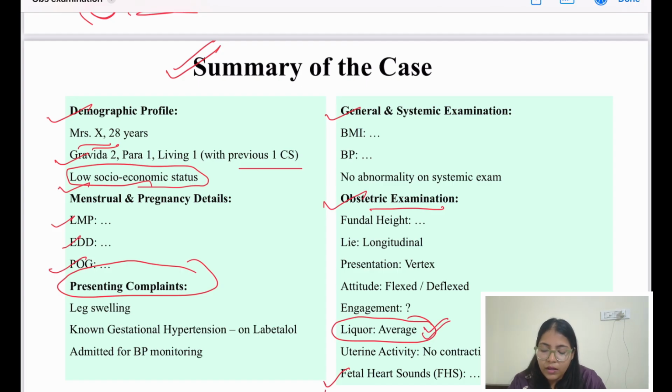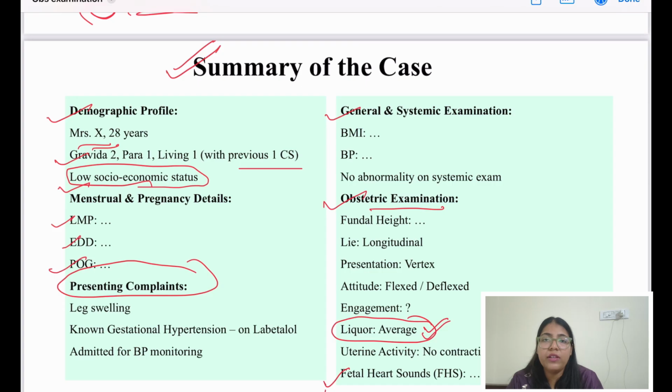So how will you know about the liquor? If you are able to palpate the fetal parts well, then the liquor is average. But if the fetal parts are palpable so superficially that you can literally feel all the parts from bone to bone, then mostly the liquor is very less. That is why it is not giving any cushion between your hands and the fetal parts.